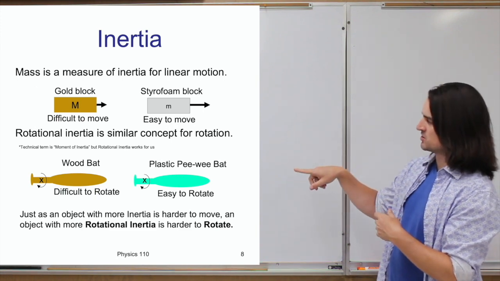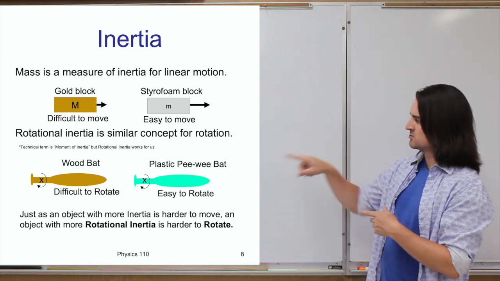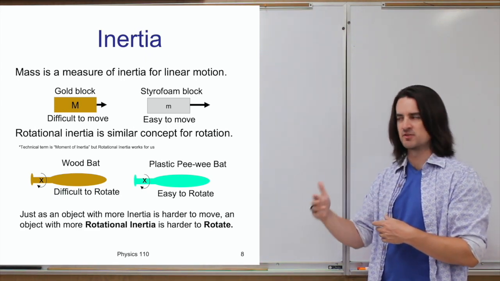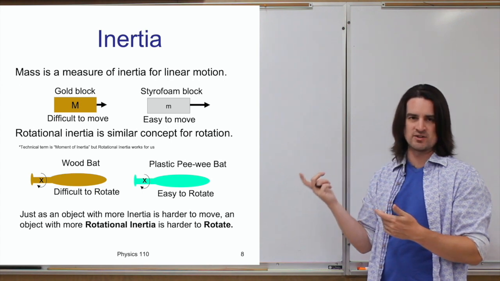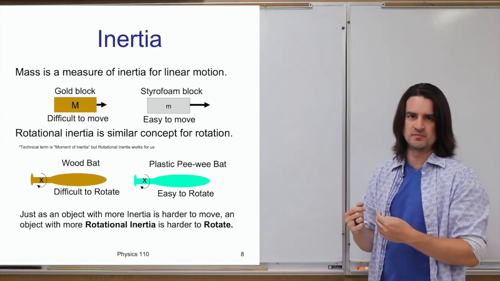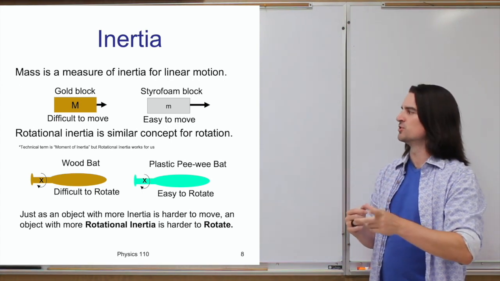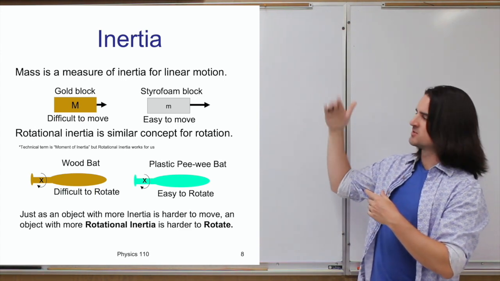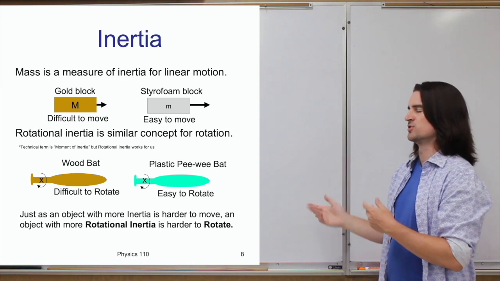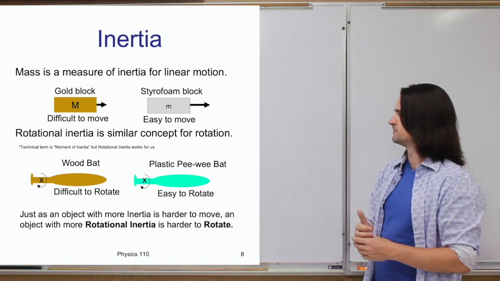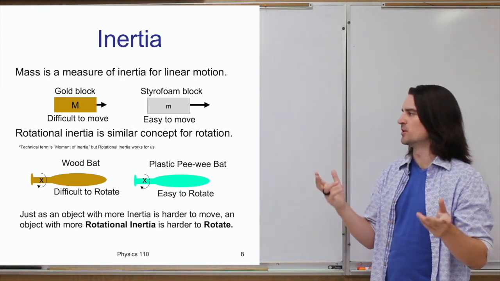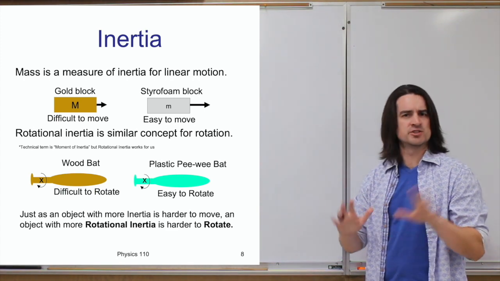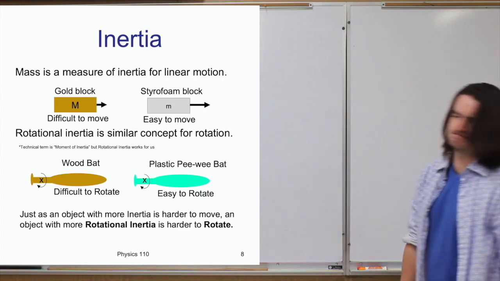But in this case, at least I can tell you that even with the same size, the same shape objects, the wooden bat's going to be heavier, more massive than the plastic bat, so the wooden bat is going to have more rotational inertia. Right? So for one thing, rotational inertia depends on mass still. The more technical term for this is moment of inertia, but I'm going to try to use rotational inertia. If I say moment of inertia, forgive me for that.